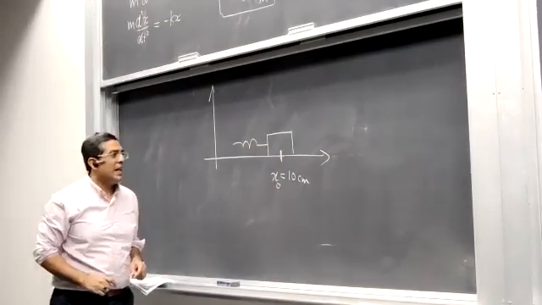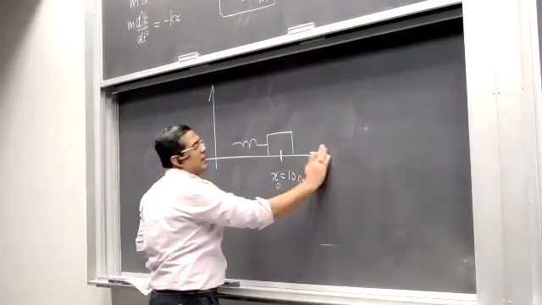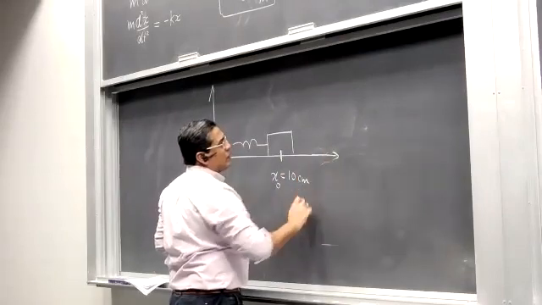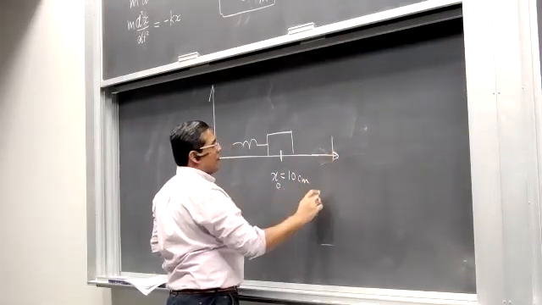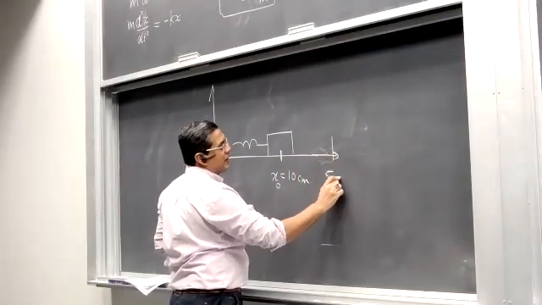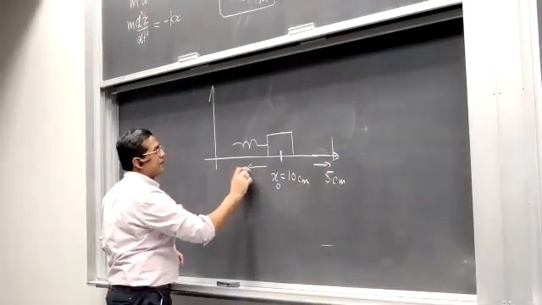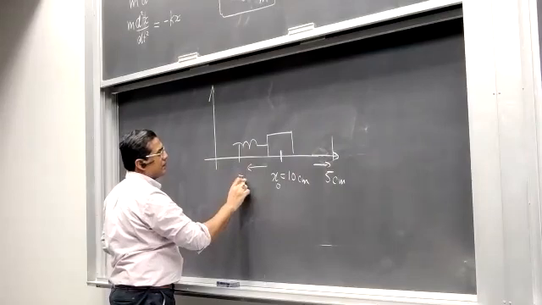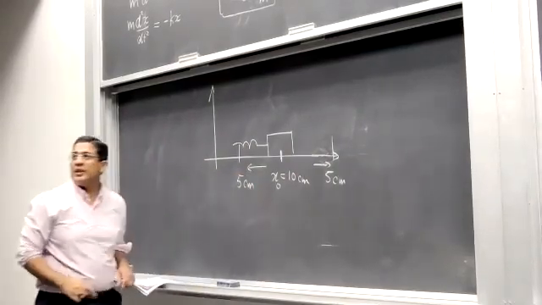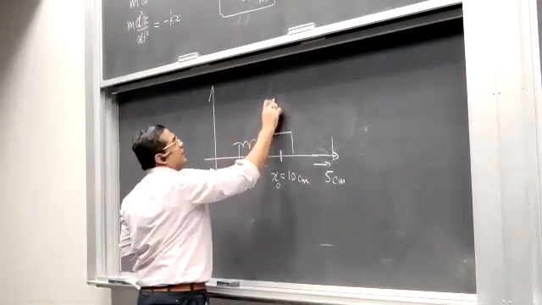And if it can go a maximum of 5 centimeters on either side, then A is 5 centimeters.